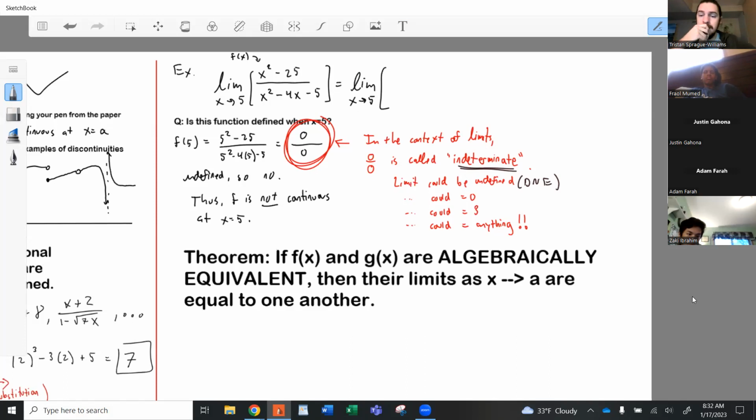Okay, so what we can do is take this expression and manipulate it algebraically and try to make some progress towards something that is no longer going to be in that 0/0 format when we attempt to plug in the a value, which is 5 in this example.